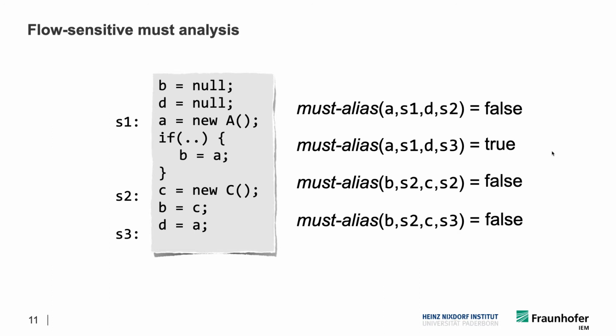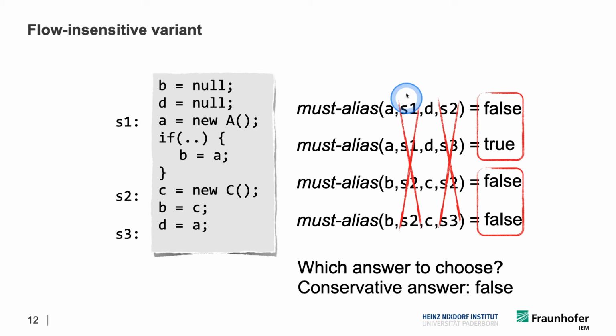And so if you now think about a flow insensitive analysis that basically disregards these statements and only looks at the entire program without looking at control flow, well, then it has to decide on a conservative answer, right? And as you can see here, the conservative answer is basically always false, right?